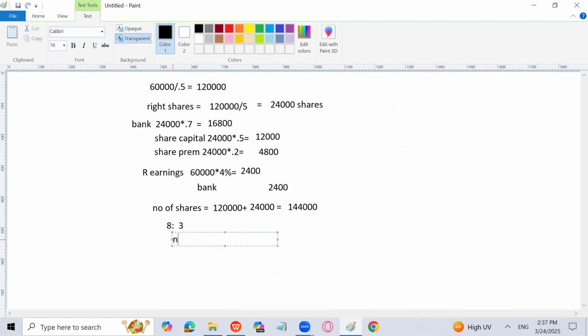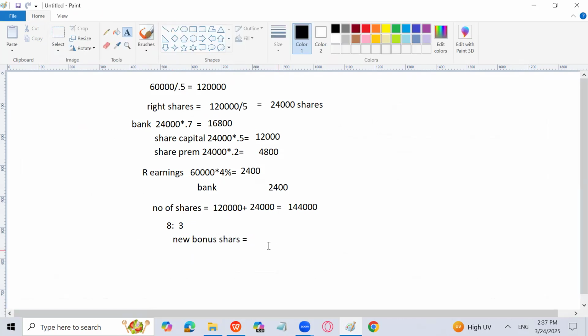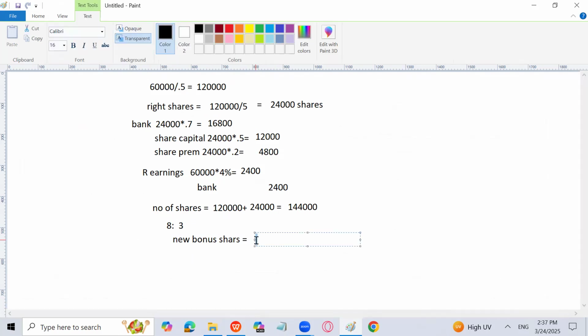Now I can go for the new bonus shares, which is equal to 1,44,000 divided by 8 multiplied by 3. How much will it come? 54,000.